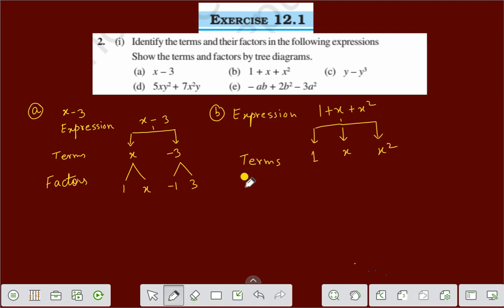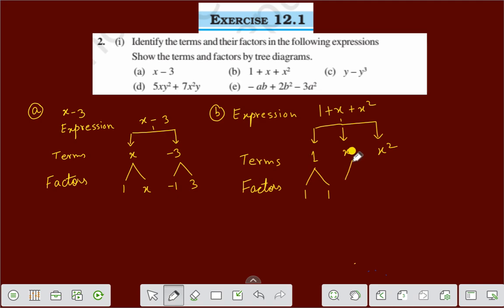If we find the factors of these terms, we'll get: 1 can be written as 1 and 1. x can be written as 1 into x.